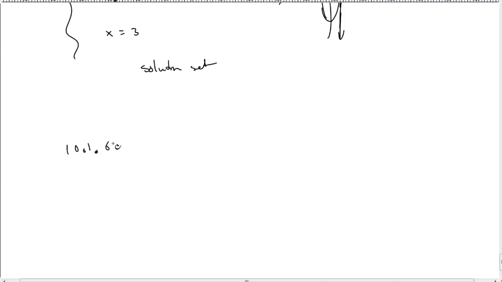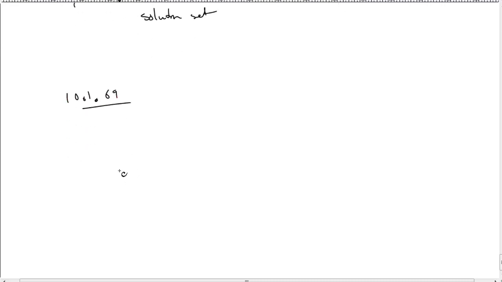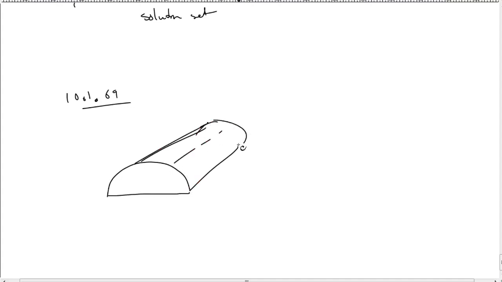10.1.69. So this is a really weird problem. There's this semi-ellipse tunnel, some kind of a tunnel that will go on here. Something kind of like that, I guess. And there's a truck that's trying to fit through, and the truck is a big old rectangle, something like this.